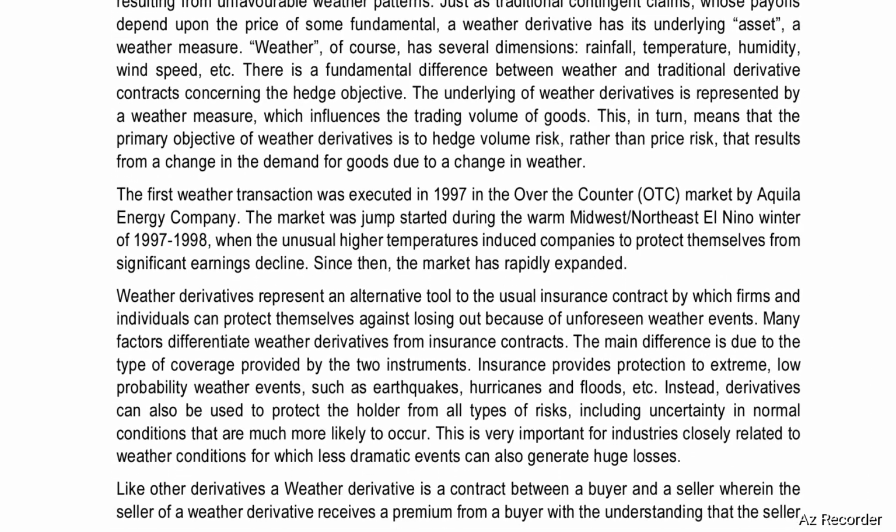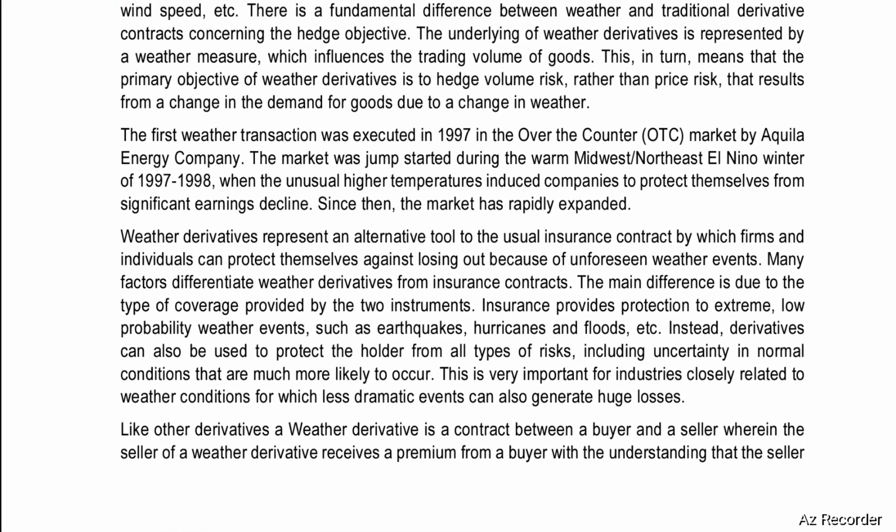The first weather transaction was executed in 1997 in the over-the-counter market by Aquila Energy Company. The market was jump-started during the warm Midwest and Northeast El Nino winter of 1997 and 1998, when the unusually higher temperatures induced companies to protect themselves from significant earnings declines.